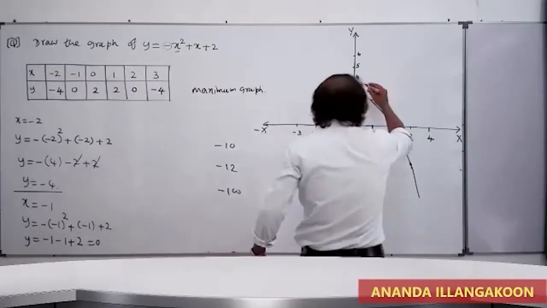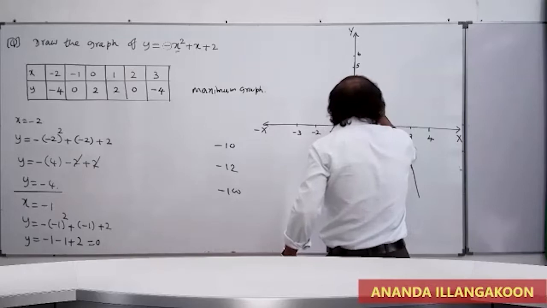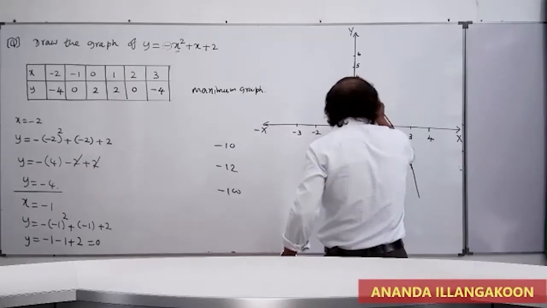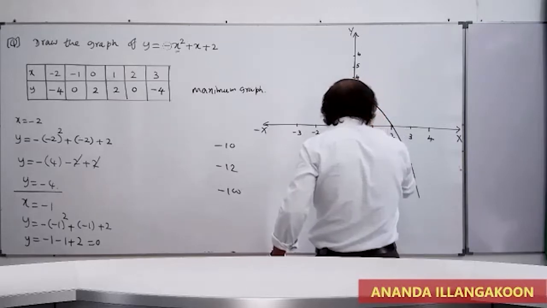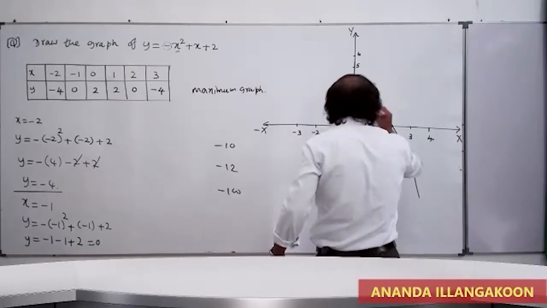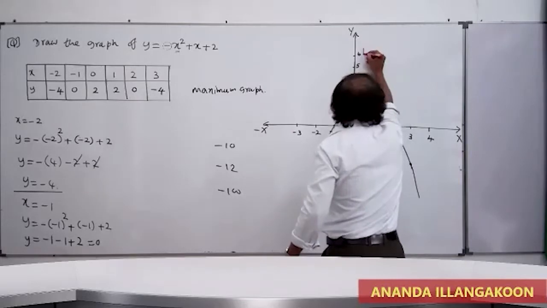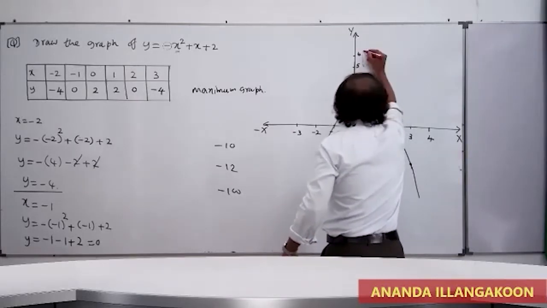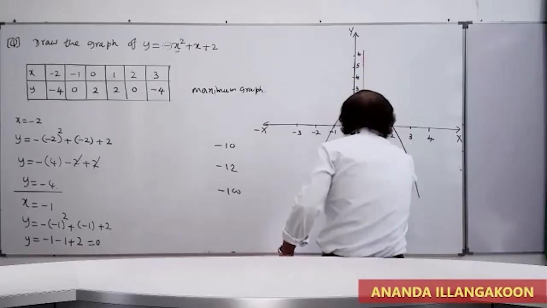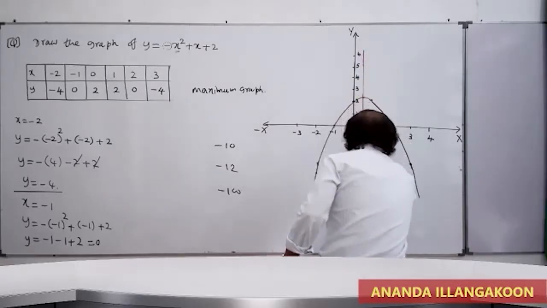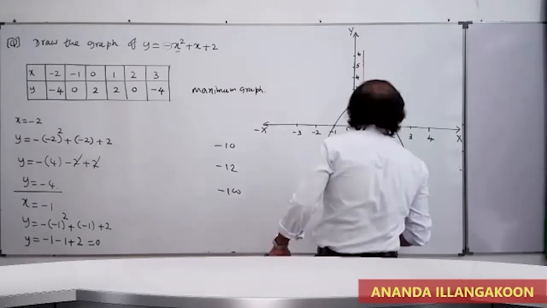So when I draw a line through the vertex, about this line the graph is symmetric. The graph is symmetric about this line. It has an axis of symmetry.